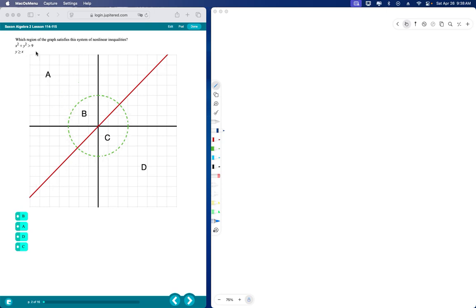So what we have to do is evaluate and determine which satisfies the system of the nonlinear inequalities. So if you recognize, I'm going to write it over here, x squared plus y squared is greater than 9. Greater than means the numbers are going to get bigger, right? So in relationship to the y-axis, because we usually solve these for y, the side of the y-axis that gets bigger is the positive side.